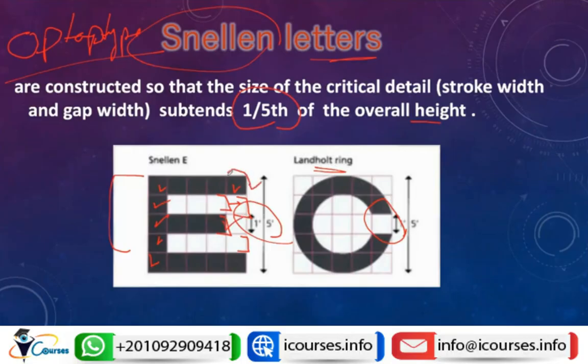So we'll be able to see that this is black, and this is black, and there is a white in between. And also in the Landolt C chart, the gap here is subtending 1 minute of arc, so that the black part of the C above it will fall on one cone, and the black part of the C below it will fall on one cone, and there is one separate cone in between corresponding to this gap, so we can see that this is an opening here.